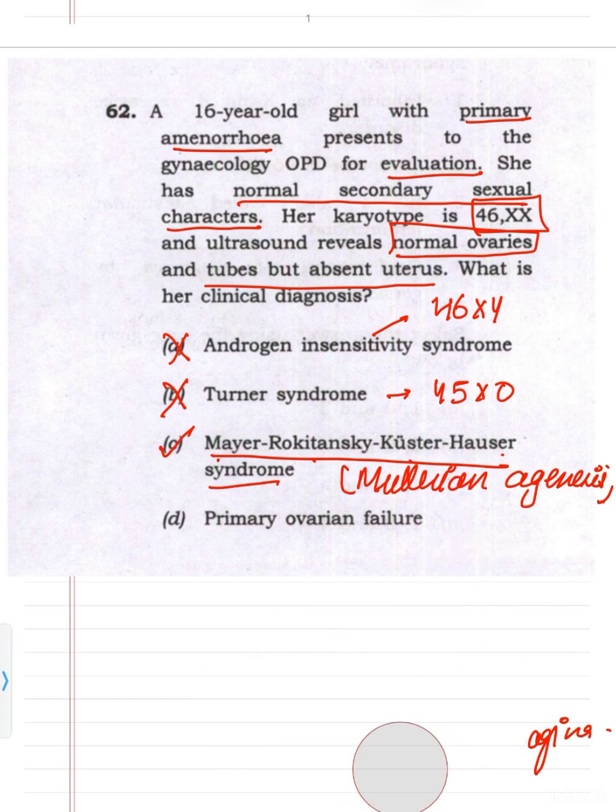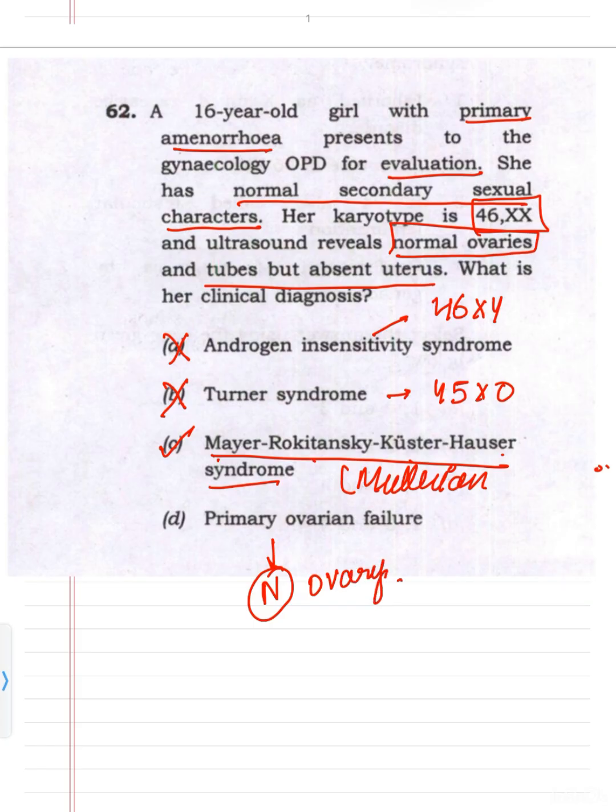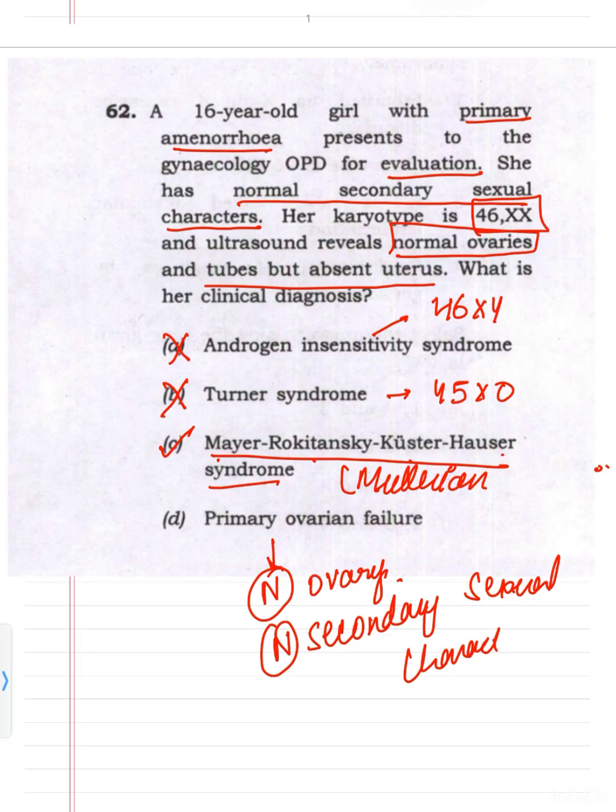Primary ovarian failure: if there is primary ovarian failure, the ovaries cannot be normal. But the question says the ovaries are normal. And there are also normal secondary sexual characteristics, which means estrogen is also normal.